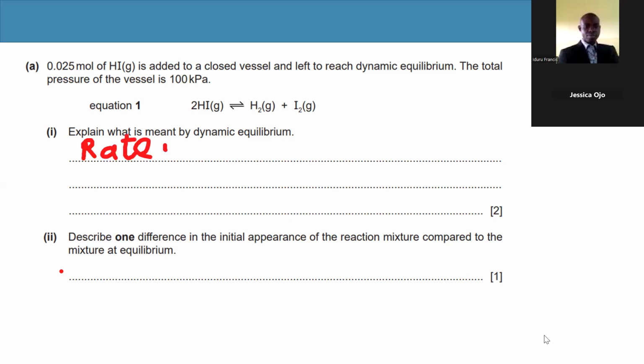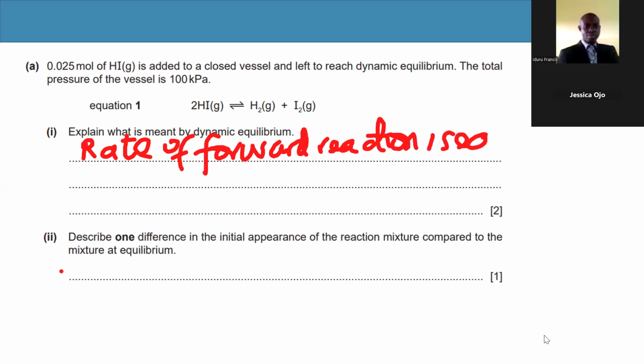So the rate of forward reaction is equal to the rate of backward reaction. Yeah, is equal. That will be 1 mark. What will be the second mark?